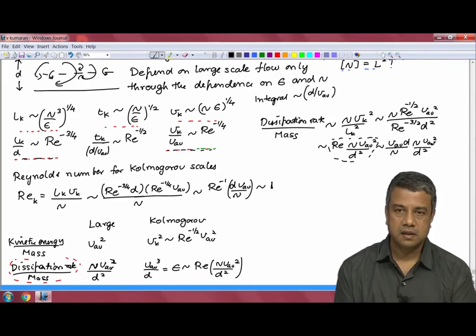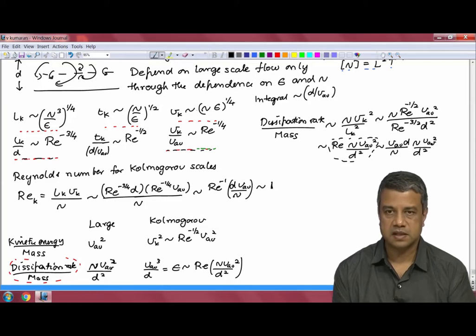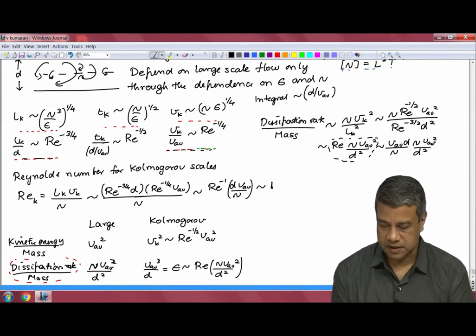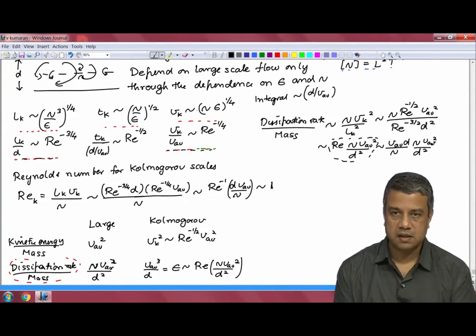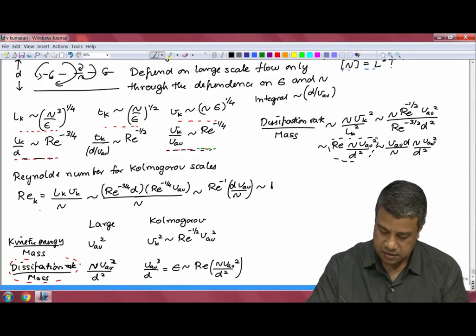However, the flow spontaneously creates smaller and smaller scale eddies, down to the smallest scale, which is the Kolmogorov scale, such that even though the large scale Reynolds number is high, the Kolmogorov scale Reynolds number is order 1.